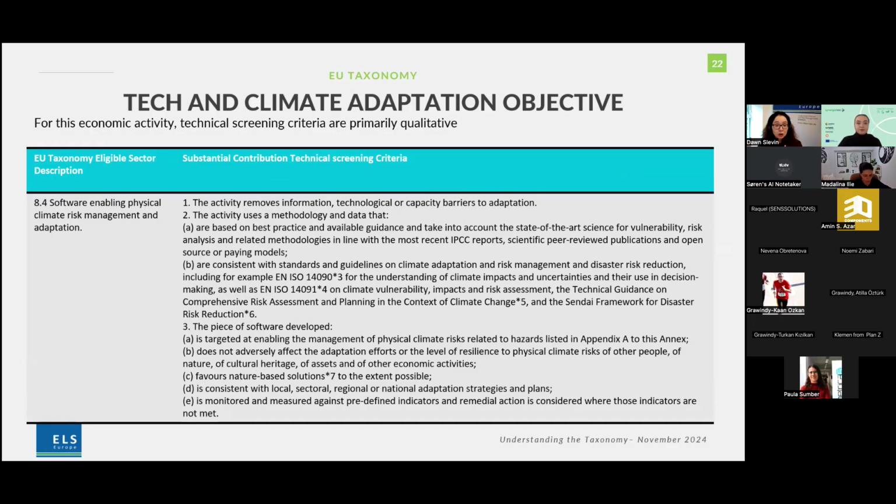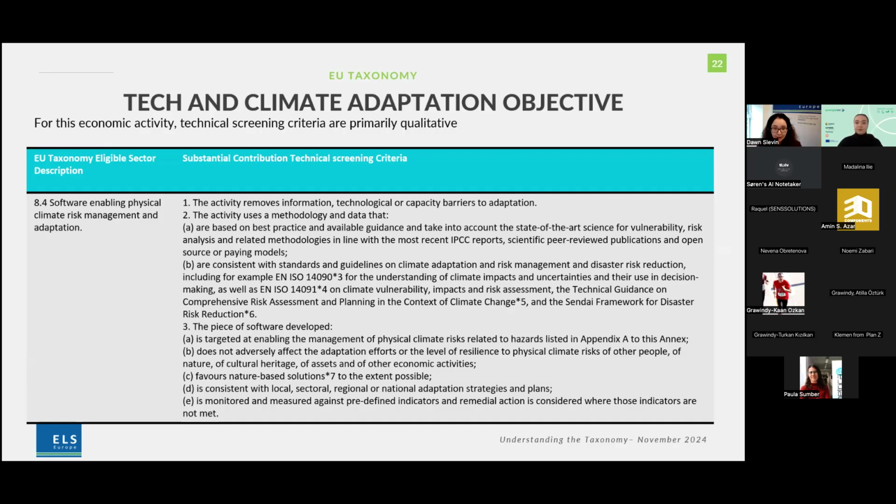Now, once you know that you're eligible, then these are the technical screening criteria. And I don't have all the details here, but your activity must remove information, technological or capacity barriers to adaptation. So it's quite open to interpretation, quite qualitative. You use a methodology that's consistent with international best practices, and any software that's developed is targeted at enabling. It doesn't adversely affect the adaptation efforts of others, very important.